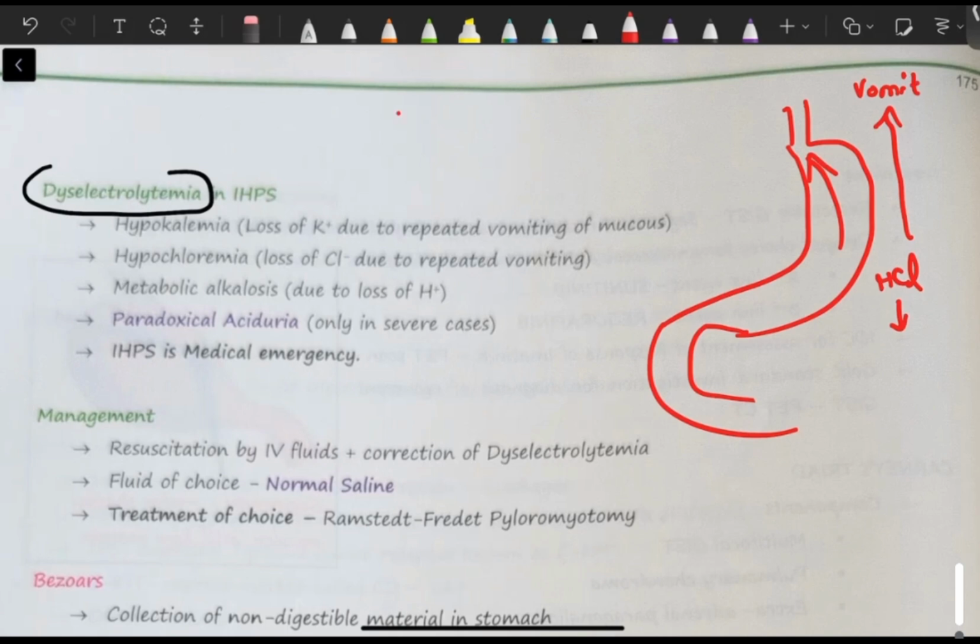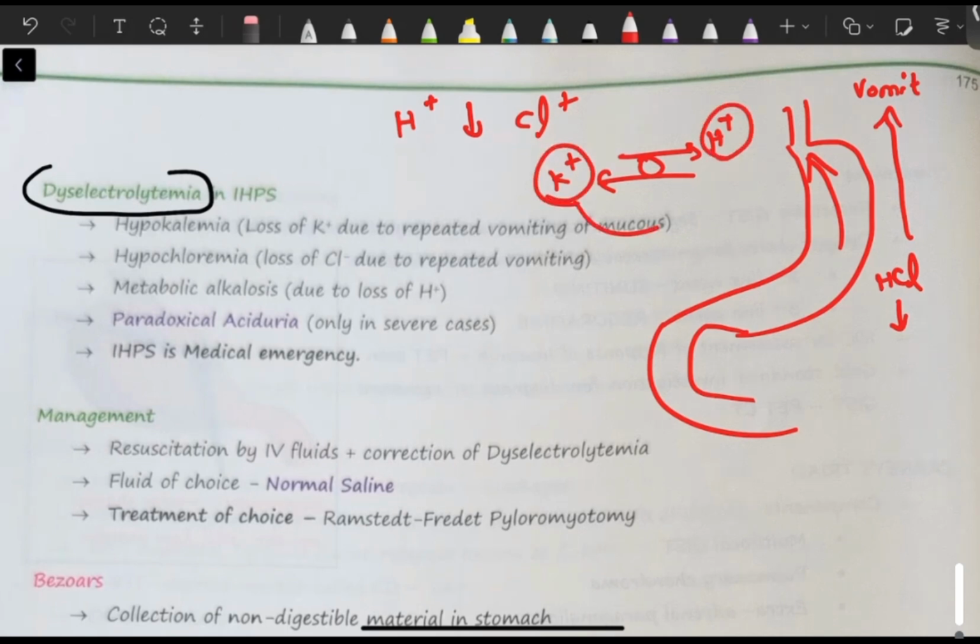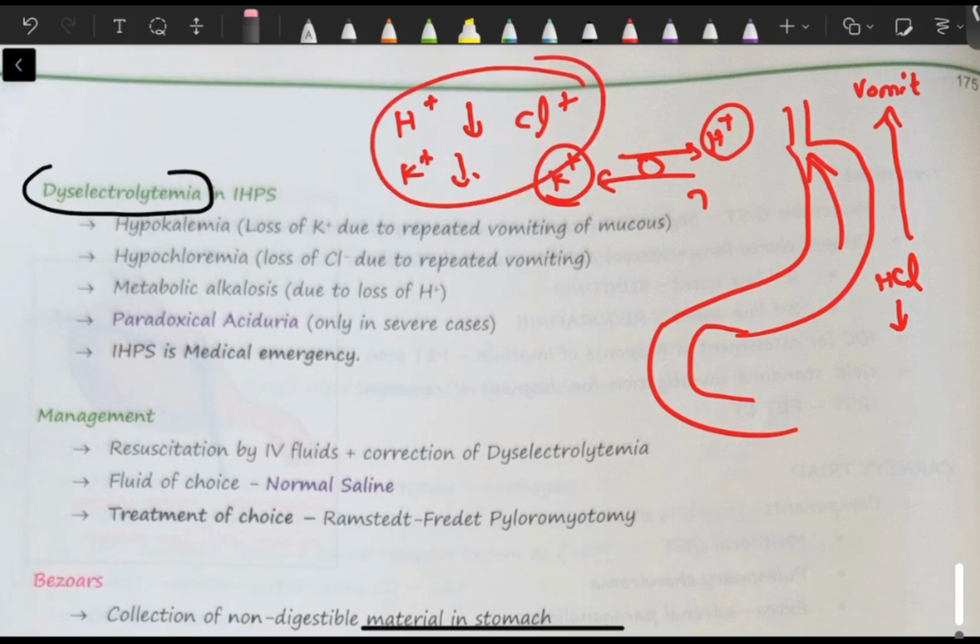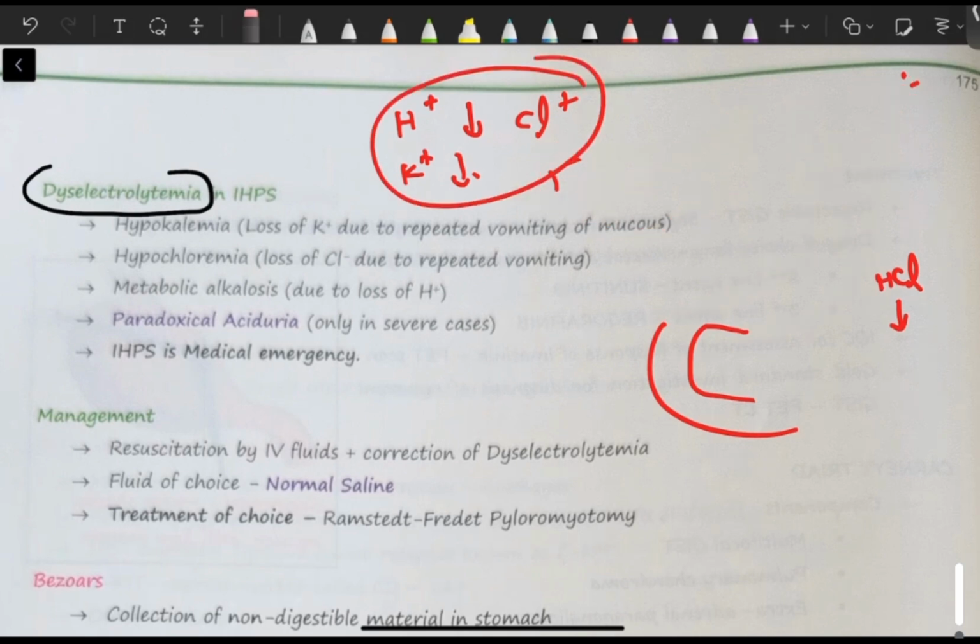So H+ is reduced and Cl- is reduced. The stomach has a proton pump which exchanges H+ with K+. Whenever H+ is reduced, for compensation K+ will come into the stomach from the blood, so there will be loss of potassium also. So all these 3 metabolites will be reduced in hypertrophic pyloric stenosis.